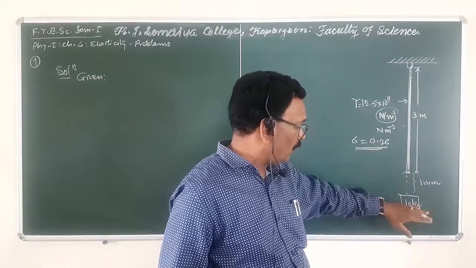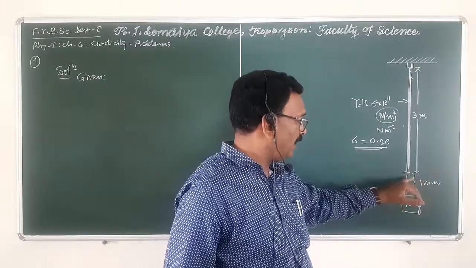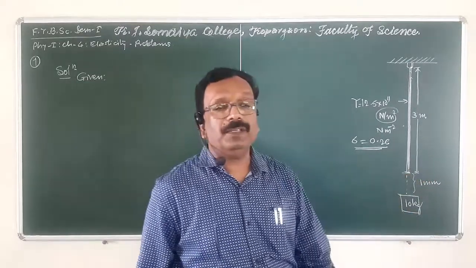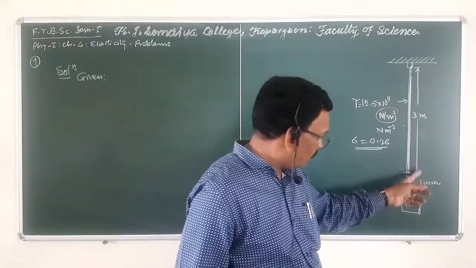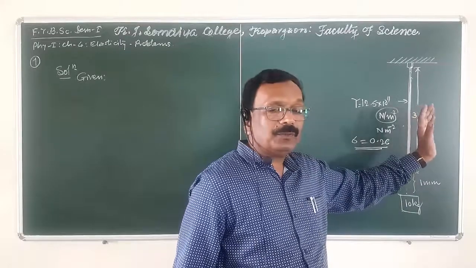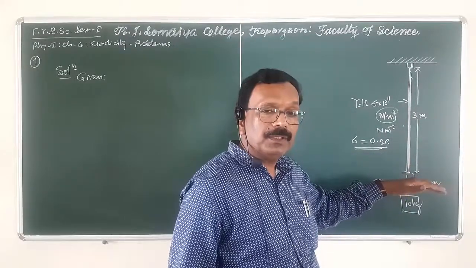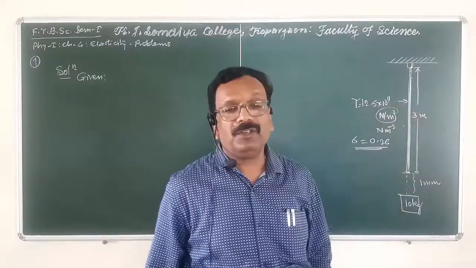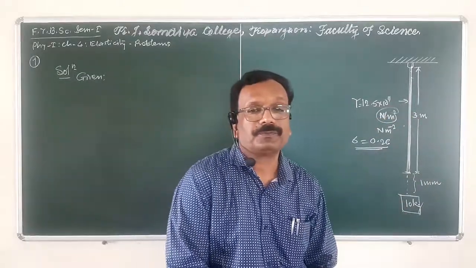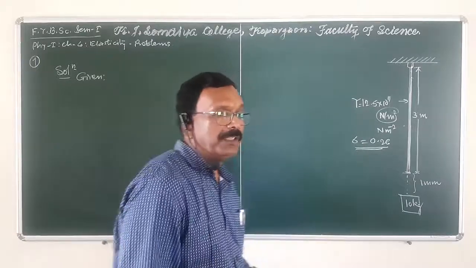When we apply the load to its free end, the elongation of the wire takes place, and wire is elongated by an amount 1 millimeter. At the same time, when elongation is produced, contraction is also produced perpendicular to the direction of elongation. So, here we have to find out lateral compression strain.